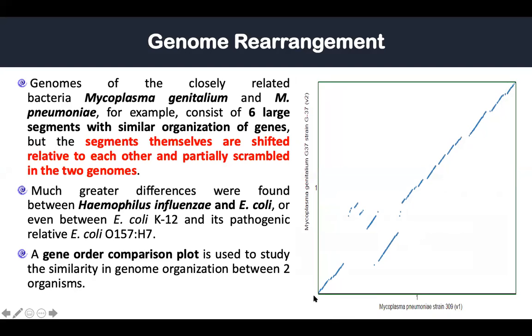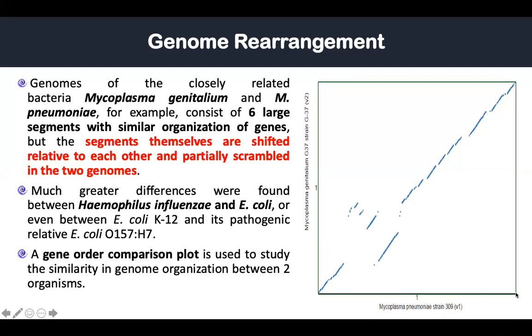So you can see in the x-axis over here, you have the Mycoplasma pneumoniae strain genome. This x-axis represents position 1 at the 0 coordinate, all the way until, let's say, a 4 million base genome.